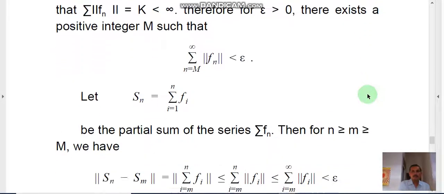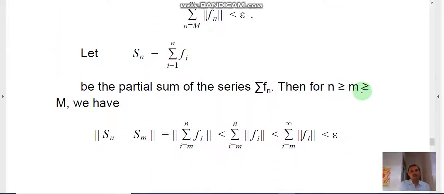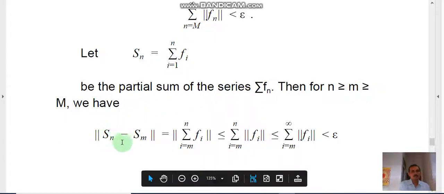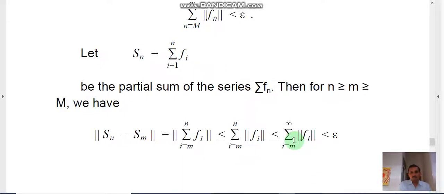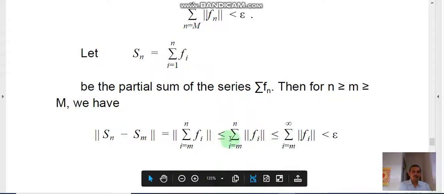Then for n greater than or equal to m, we have norm of Sn minus Sm equal to norm of summation i equal to m to n Fi, which by the triangle inequality is less than or equal to summation i equal to m to n norm Fi, and this is less than or equal to summation i equal to m to infinity norm Fi, which is less than epsilon.